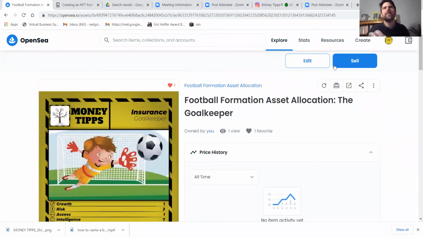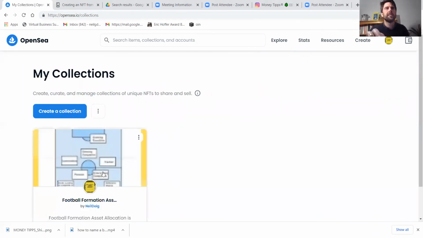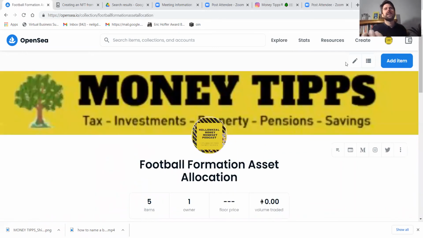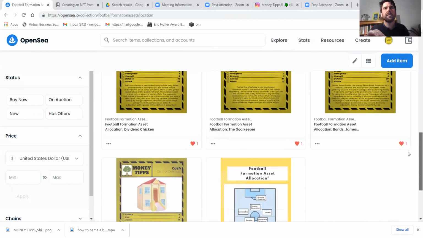So that's it. What I've done is I've actually created a collection. Have a look at my collection, the Football Formation Asset Allocation Collection. These are all the cards that are available at the moment.